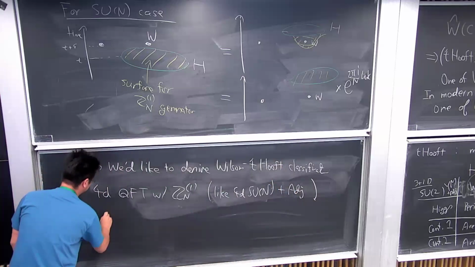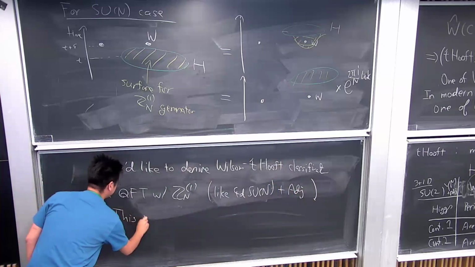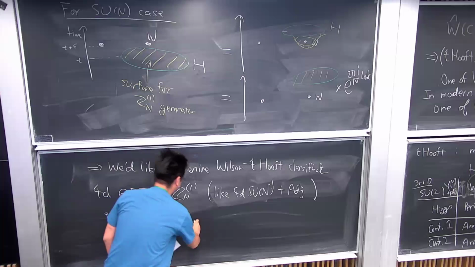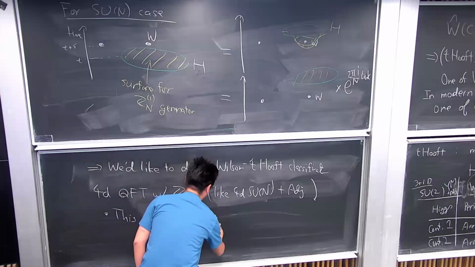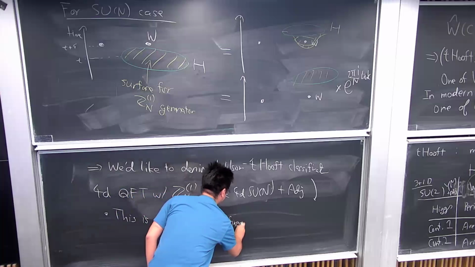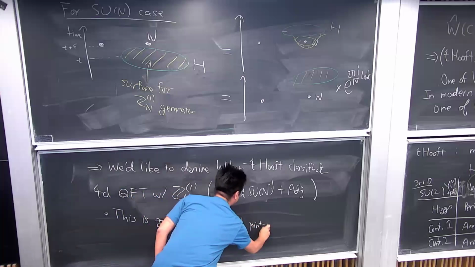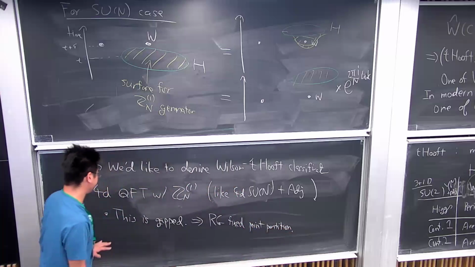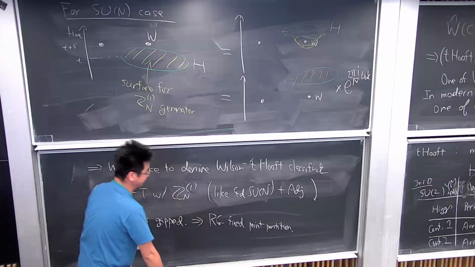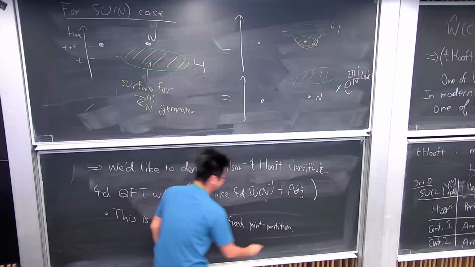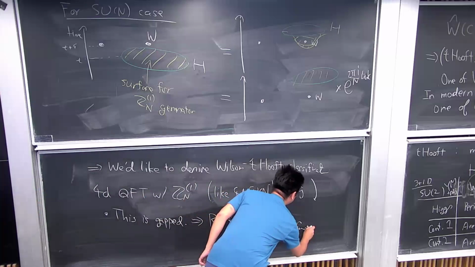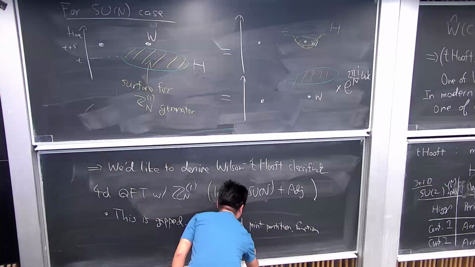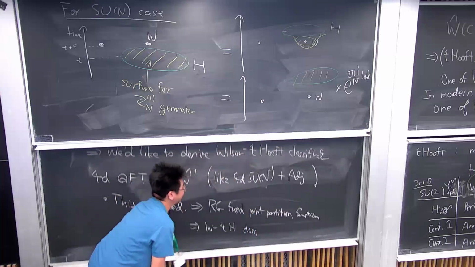Let's assume that this is gapped, and try to write down the RG fixed point. Our strategy is first to write down the RG fixed point partition function, and doing some manipulation, we try to derive the Wilson-'t Hooft classification. So this is the idea we would like to take up.